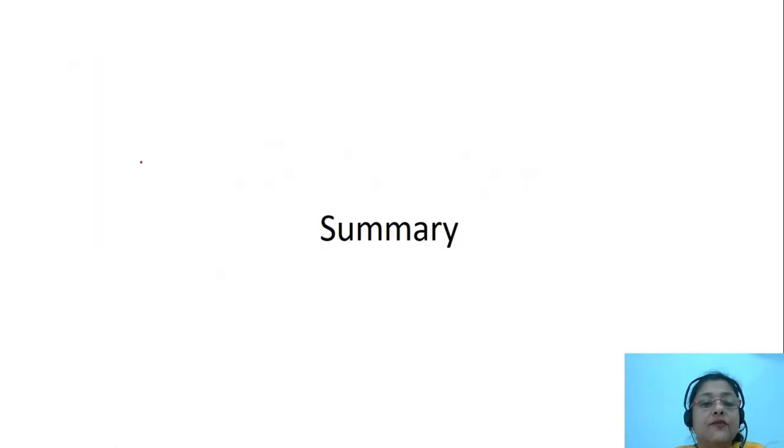So in this lesson, we have learned about the different types of signals like energy signal and power signal. And we have been able to make a comparative analysis of which signal will be an energy signal and which signal will be a power signal.